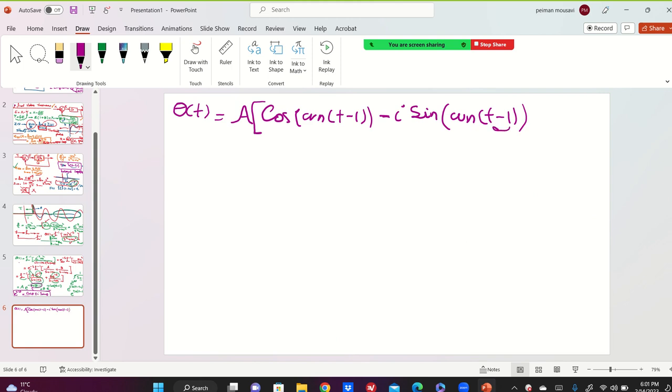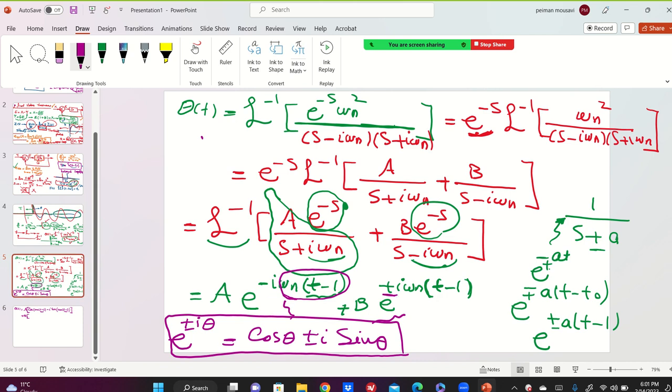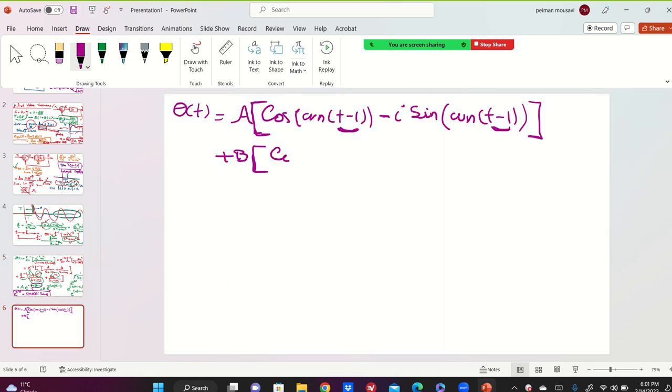When you say this, it means delayed. Mathematically it means delayed. Plus B; B is plus. We're going to take cosine omega n (t minus 1), delayed, plus i sine omega n (t minus 1).